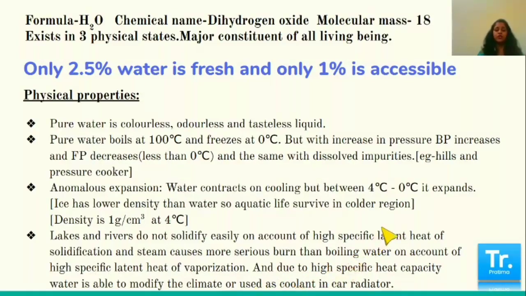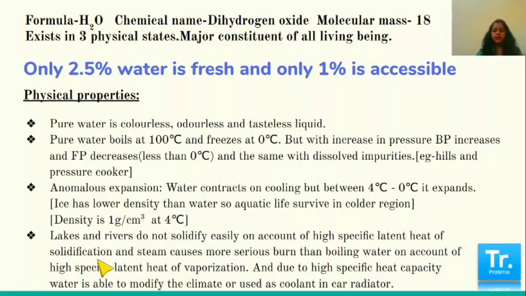Now let me tell you what is specific latent heat of solidification or specific latent heat of fusion. It is the amount of heat required by ice to change into water, without any change in temperature. Now, you have done this in the junior classes as well, interconversion of states: solid to liquid, liquid to gas, gas to liquid, where you use heat energy.